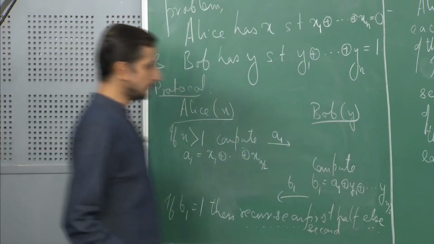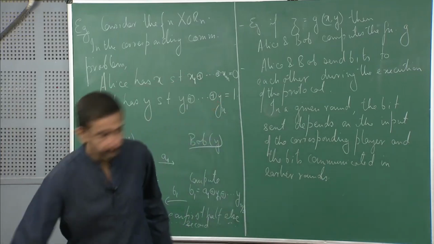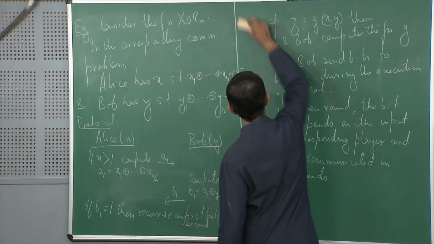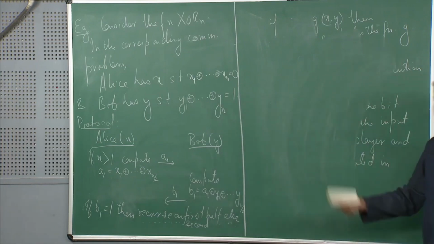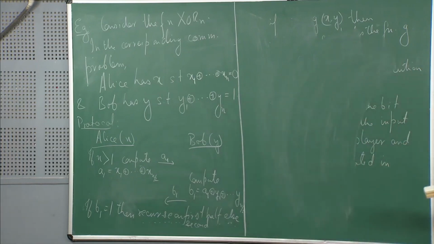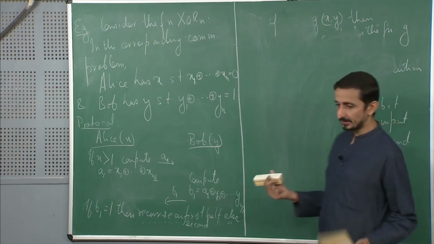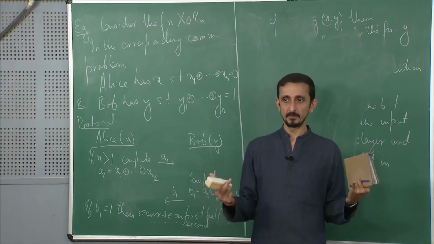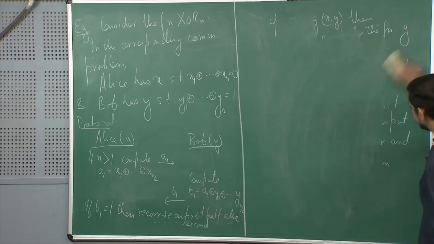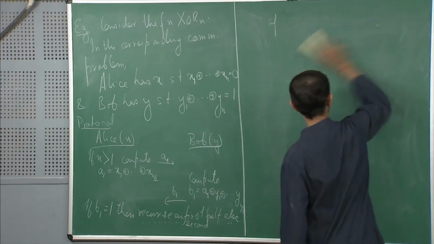Okay, and you do this, and now when do you stop? What is the invariant that you are maintaining at each round? The invariant is that for the current string that you have, their parities differ. And of course in each round the size of the string gets halved.